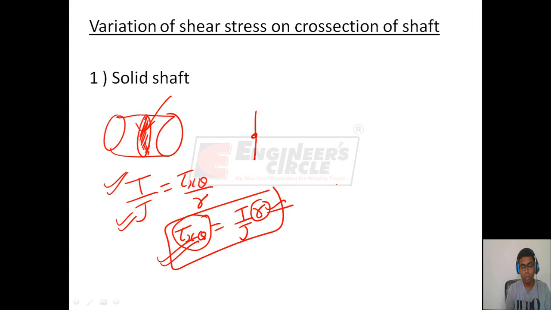So at the center we do not have any shear stresses, and shear stresses are maximum when R is maximum. So at the end fibers we will have maximum shear stress, and in between the variation is linear.